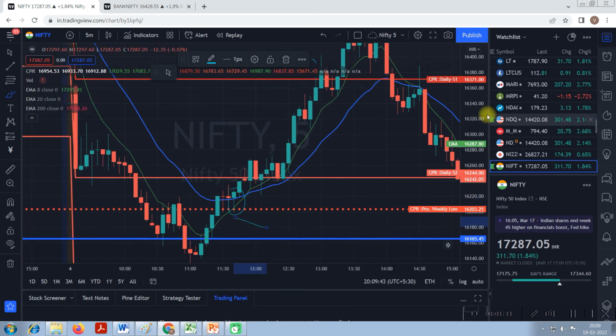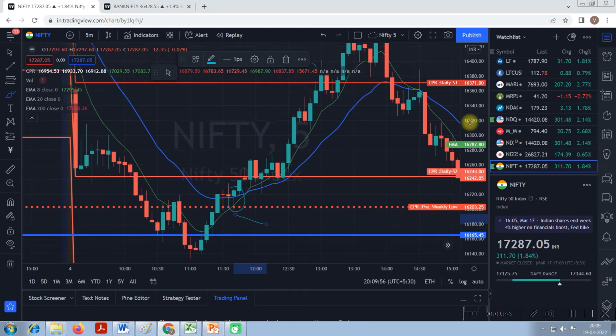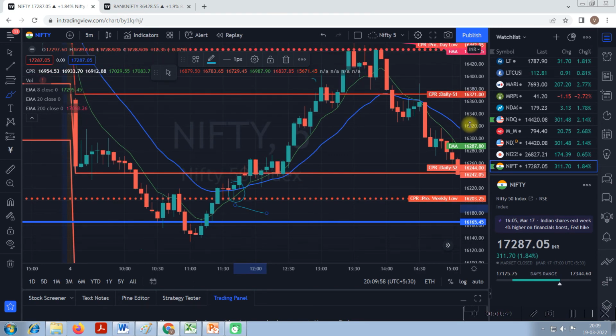You can book a profit at S1, that means the next pivot. Here you can buy a call option or sell a put option and book your profit at S1. Now we move on to some other example of how gap up or gap down rejection works.